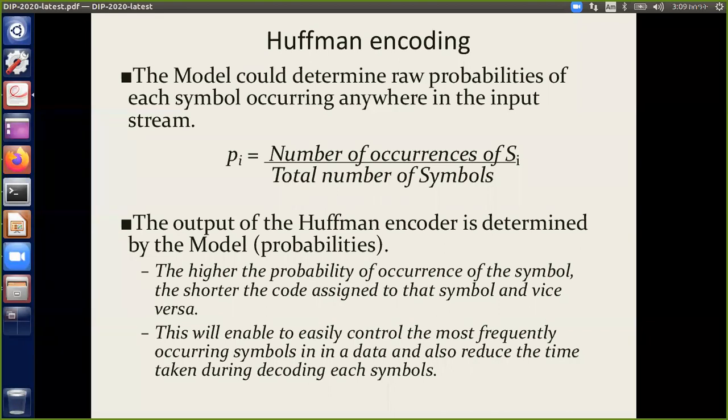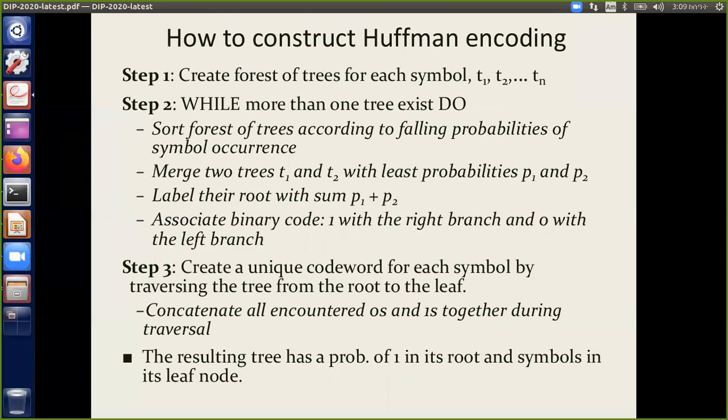Once we calculate the probability of occurrence of every symbol in the given image or textual data that we want to compress, we can follow the Huffman encoding algorithm. For every distinct symbol, it creates a forest of trees by initializing every symbol as one tree.